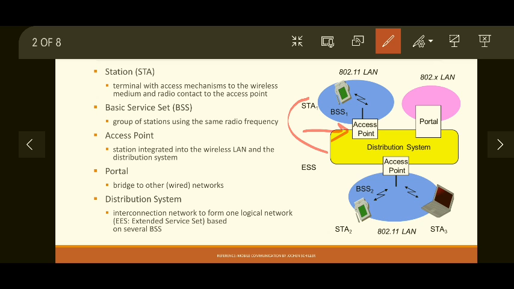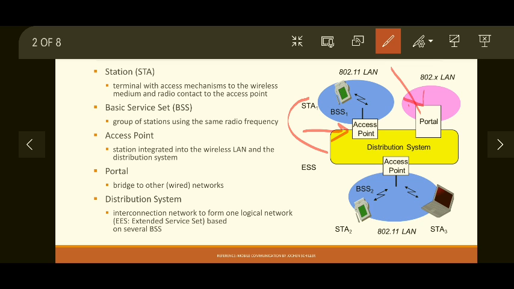Then there is a portal, as you can see over here. A portal is nothing but a bridge which connects a distribution system to other local area networks. These local area networks may be wired networks also. So it is a bridge which connects a wireless LAN to other LANs.